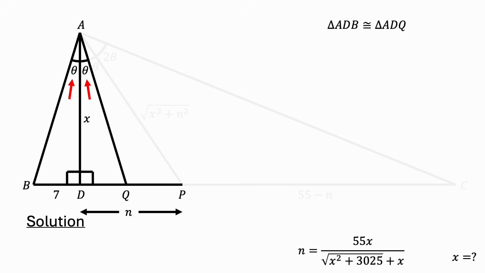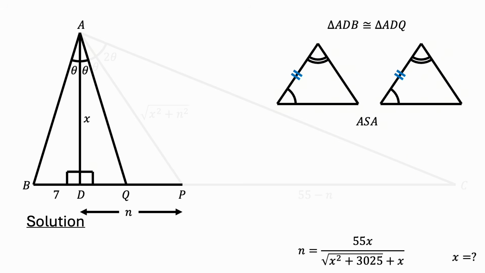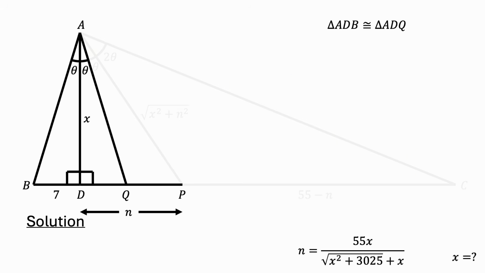Since angle BAD equals angle QAD equals theta, AD is common to both triangles, and angle ADB equals angle ADQ equals 90 degrees. The two triangles are congruent by ASA. Since DB and DQ are corresponding sides in congruent triangles, we have DQ equals DB equals 7. Therefore, QP equals n minus 7.